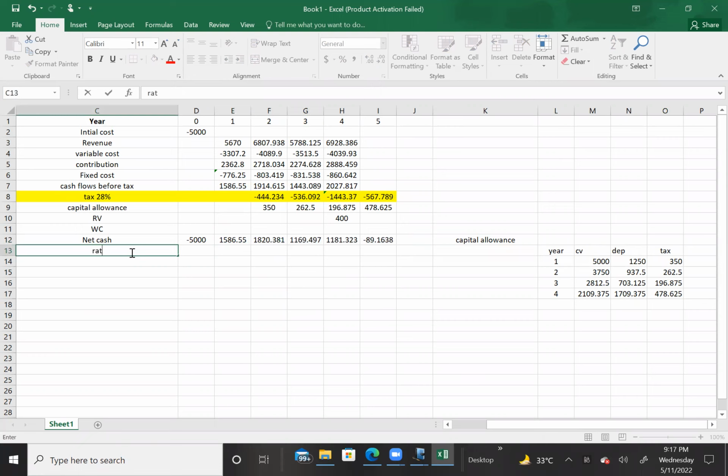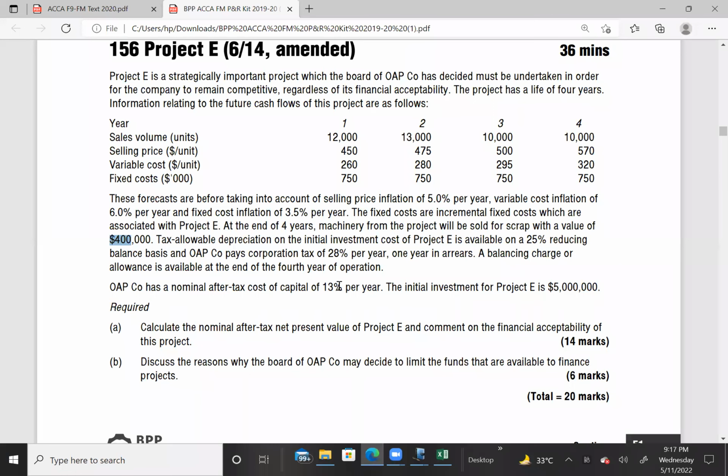Now the rate of return or weighted average cost of capital is 13%.